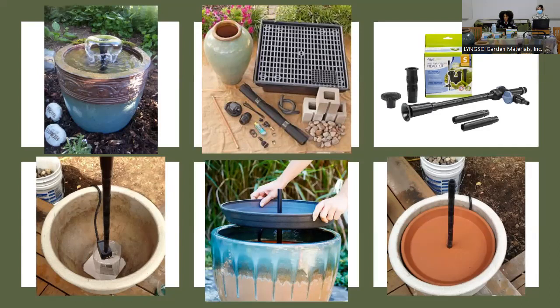On the bottom pictures here, you'll see an example on the bottom left of someone completely submerging the pump into the pot so that it can create its own reservoir. If you are doing this, you see that she used, it looks like a plastic container to raise up the pump. That's something that you're likely want to do so that you can have the maximum overflow of water.